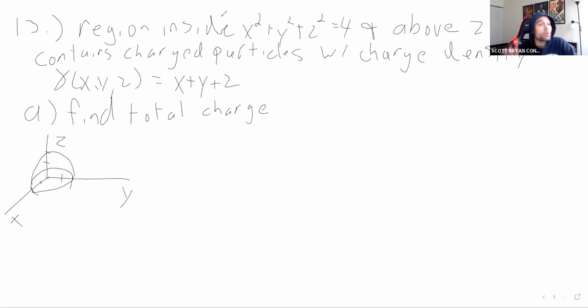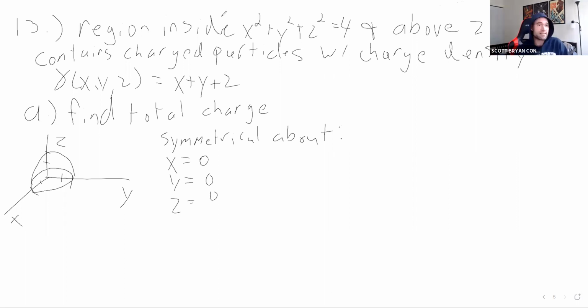Okay, so remember, get in the habit really quickly of checking symmetries. It's going to help a lot in this problem. So our region is symmetrical. There are 3 possible symmetries for a 3-dimensional region.